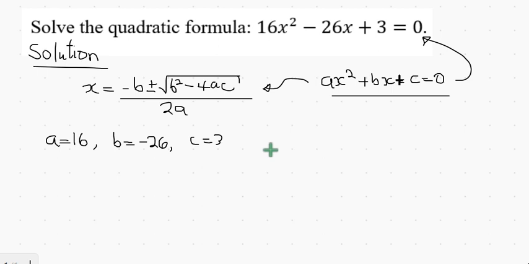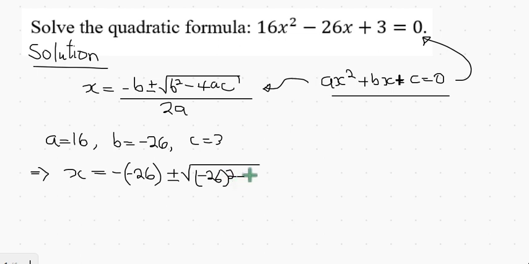The next step is substituting those values into the formula. So x equals, the value of b is negative 26, so I have a minus sign already, minus, in the bracket, negative 26, plus or minus the square root of negative 26 all squared, minus 4 times the value of a, which is 16, and the value of c, which is 3.